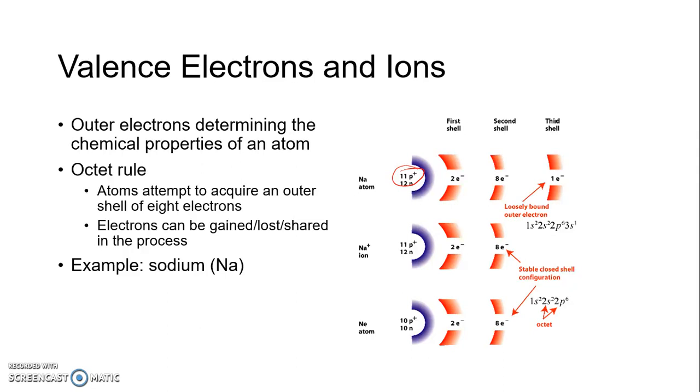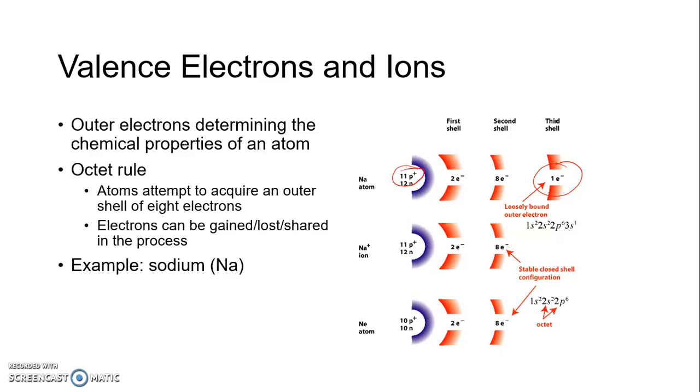So in the first 1s shell, you get 2 electrons. In the second shell, you have an s and a p, so that'll be a 2 and a 6, or 8 electrons. 2 and 8 are 10. We need 1 more electron, so you have 1 single electron in the third shell.